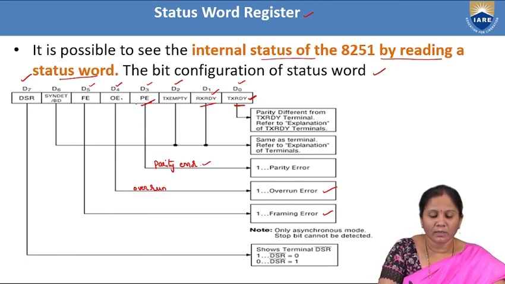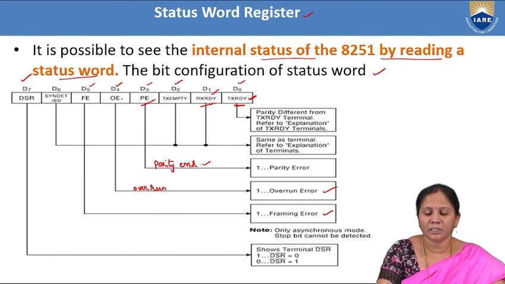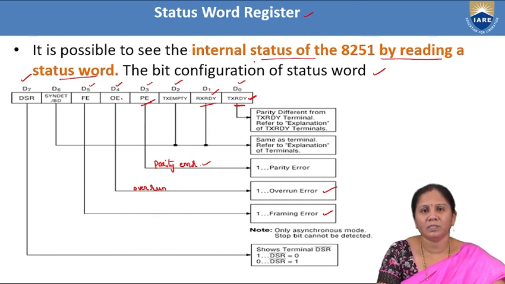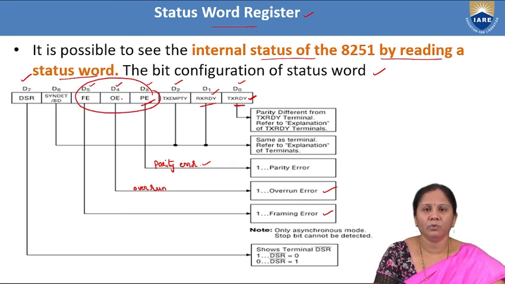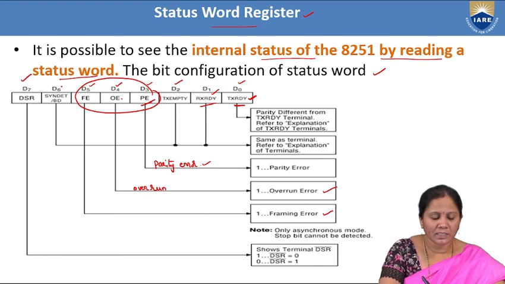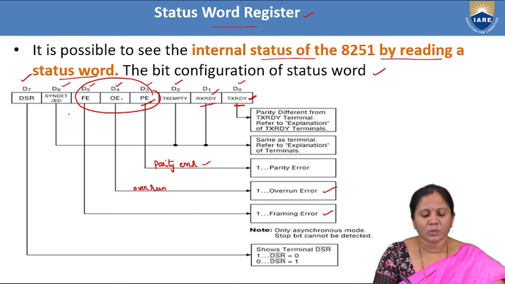In the features we studied that this 8251 USART is able to detect parity error, overrun error and framing error. By using the status word register, these three bits are able to find such errors.